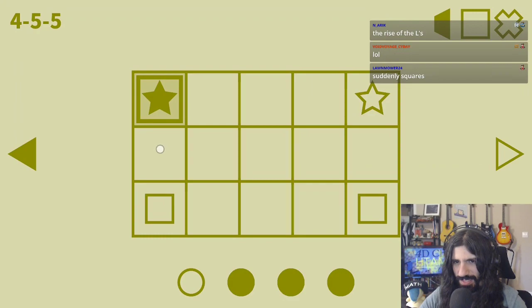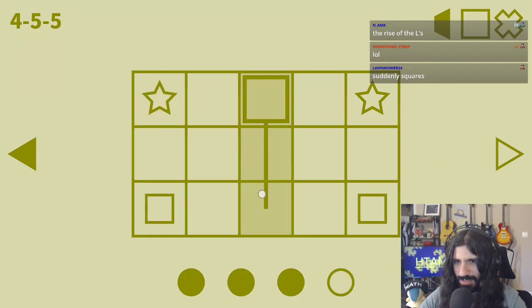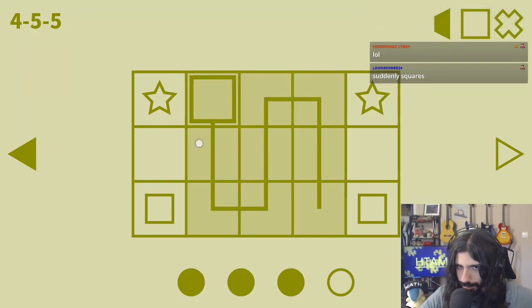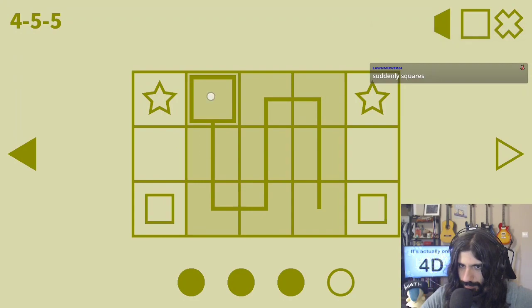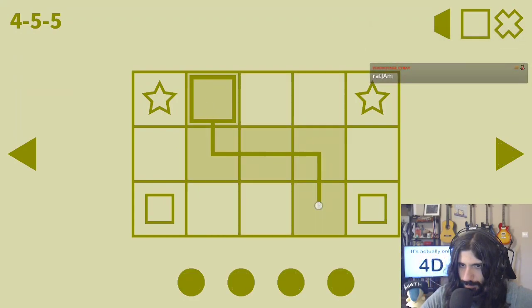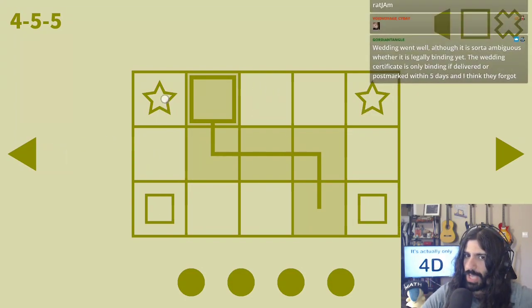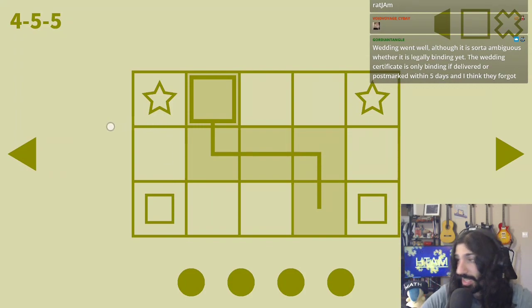Maybe? No. No. Partitioning. Okay, so we're cutting the shapes into groups.